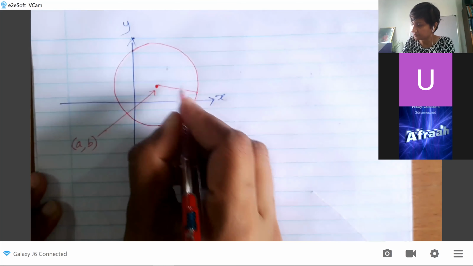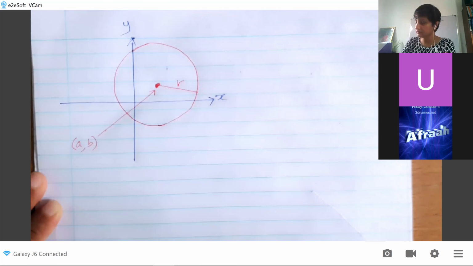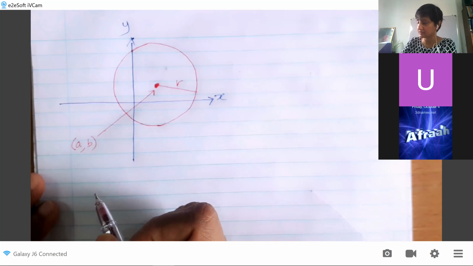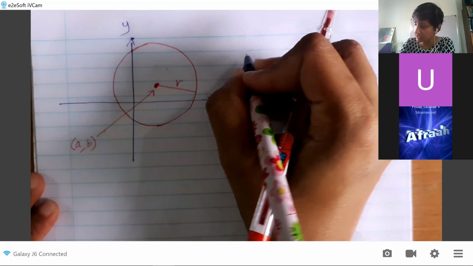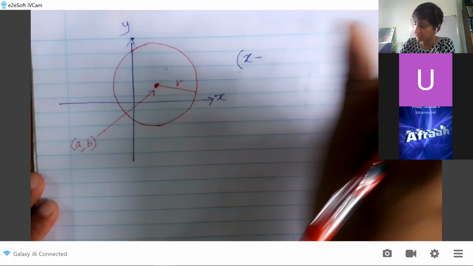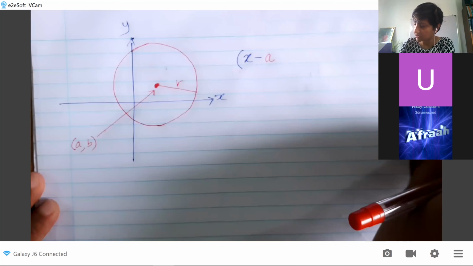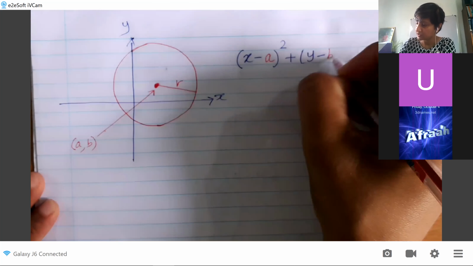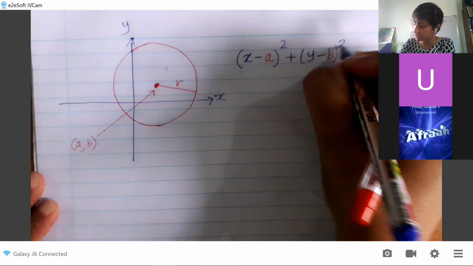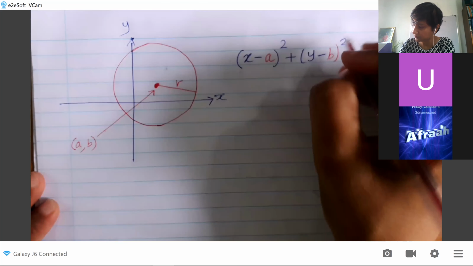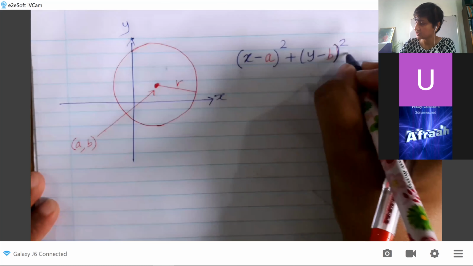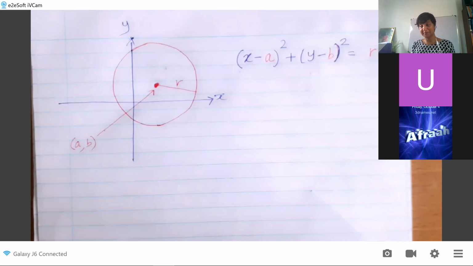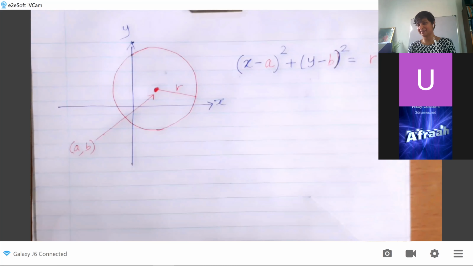Radius is R, okay? And if you know this radius and the center coordinates, the equation is x minus a squared plus y minus b squared equals r squared, right?